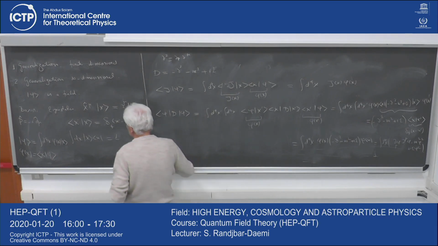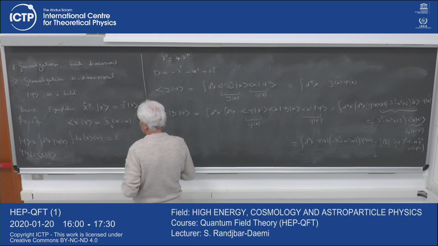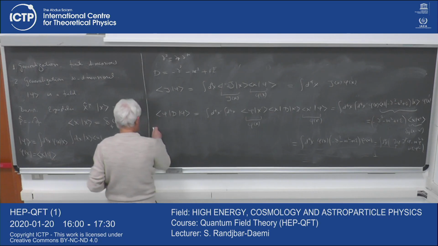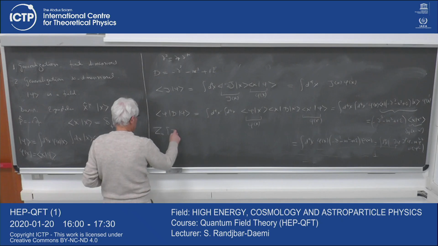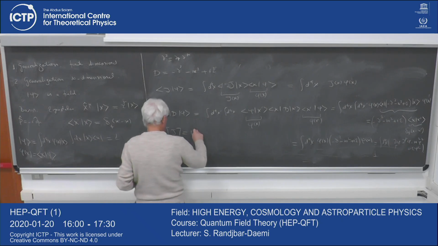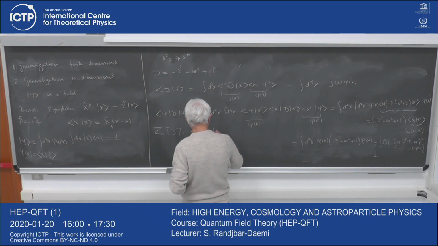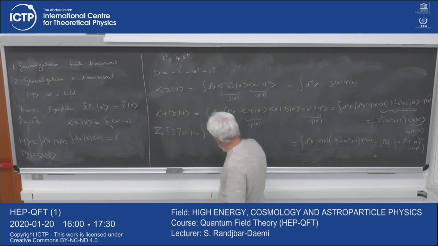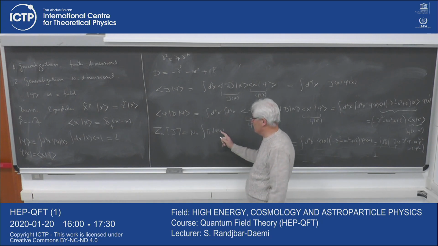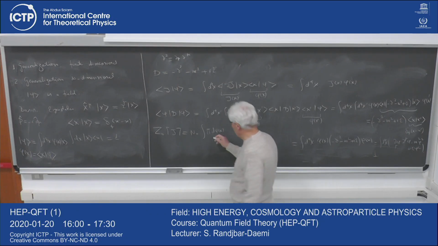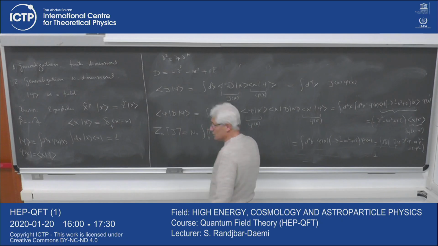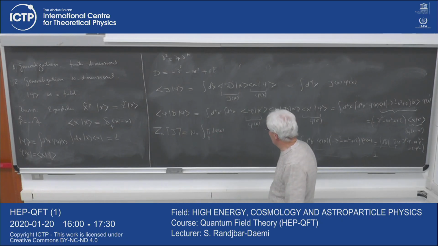Because our aim was to evaluate the integral Z0 j. We have to put here components. In the finite dimension case, I wrote d phi p and then product over p's. No? Here I should do the same thing. The product is over space points, if you like.